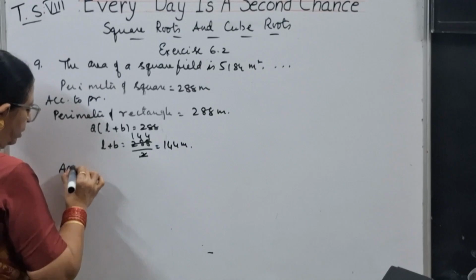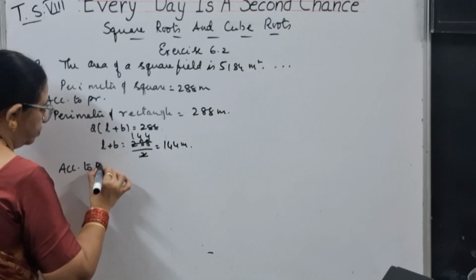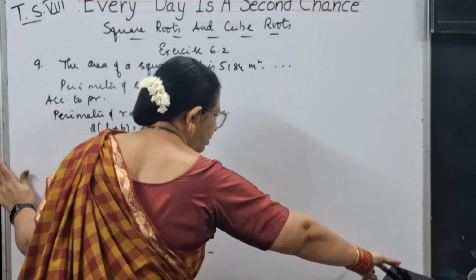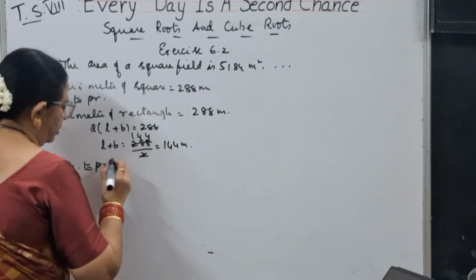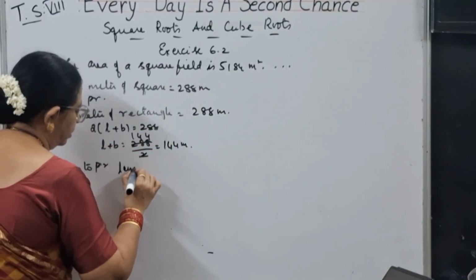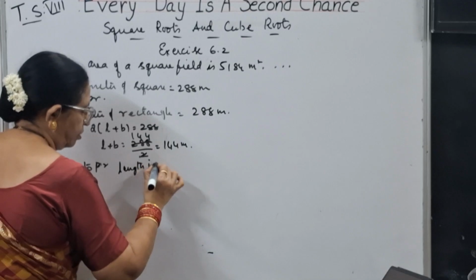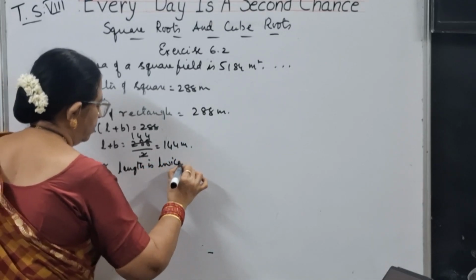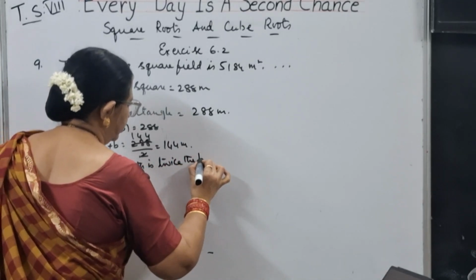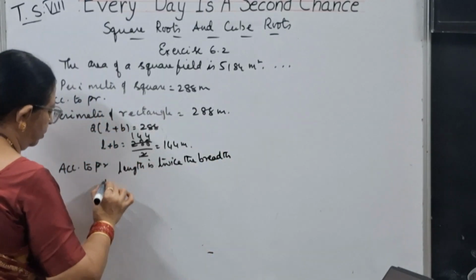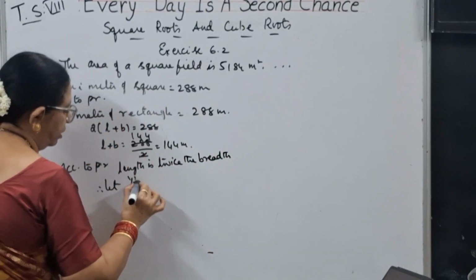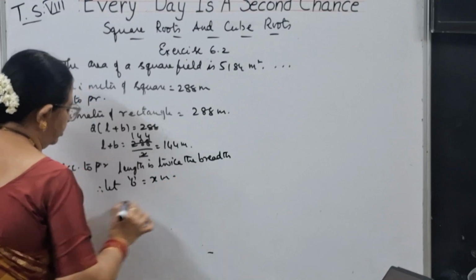And also, according to the problem, what does the problem say? The length is twice the breadth. This is given. So let breadth B is equal to x meters.